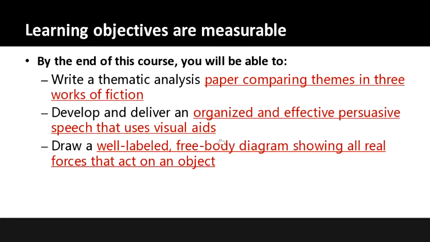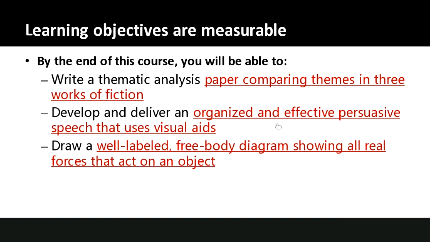So in this case, we're measuring a paper that is based off of comparing themes in 3 specific works of fiction. We're going to be measuring them on how well they're comparing them. Are they using 3 works of fiction, or did they only use 2? We're being really specific about how we're going to measure their success and demonstrating how they are meeting these learning objectives.